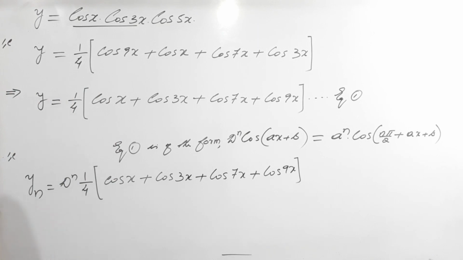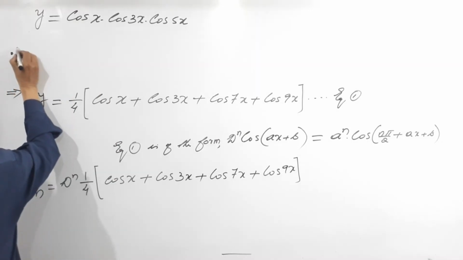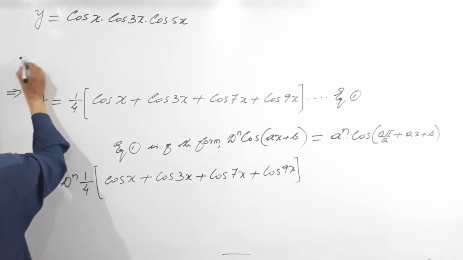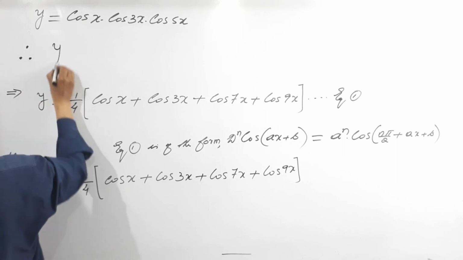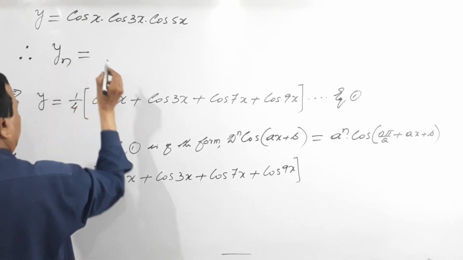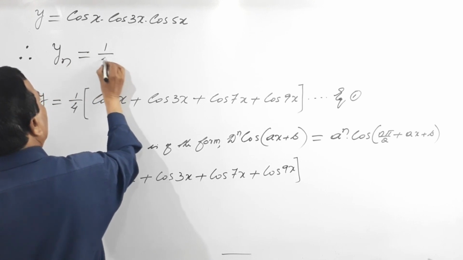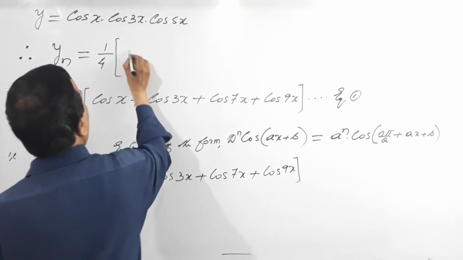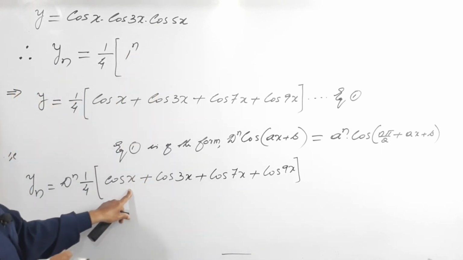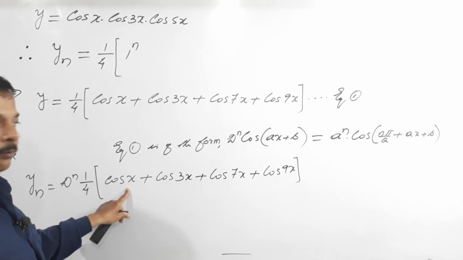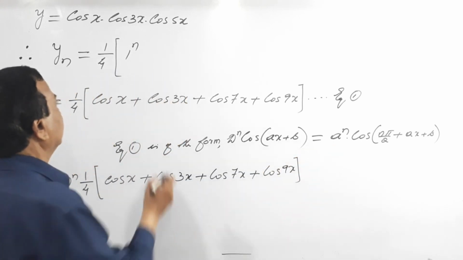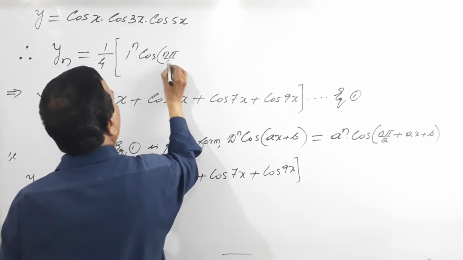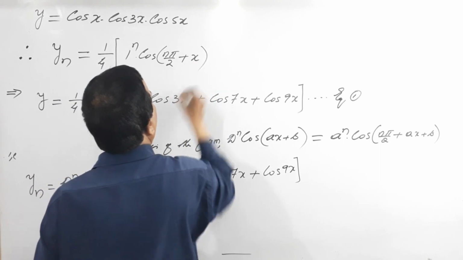Therefore yn is 1 by 4 times: the coefficient of x is 1, so a is 1 here, so that is 1 to the power of n into cos of n pi by 2 plus x.